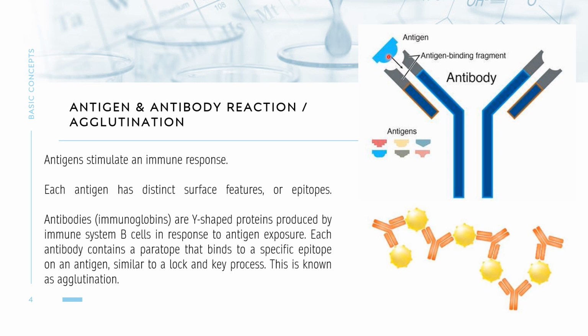Now this epitope of the antigen and paratope of the antibody are complementary to one another, just like a lock and key mechanism. So they fit into one another and then they form a bigger chain of molecules, which is known as agglutination. So this reaction is known as agglutination, and once the agglutination happens in the blood, then there is clotting and there are serious problems that happen to a person who receives these antigen antibody combinations.